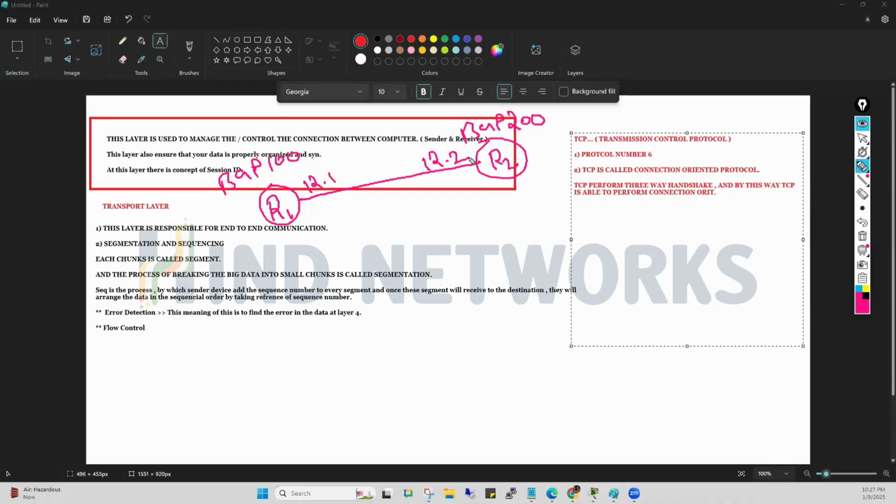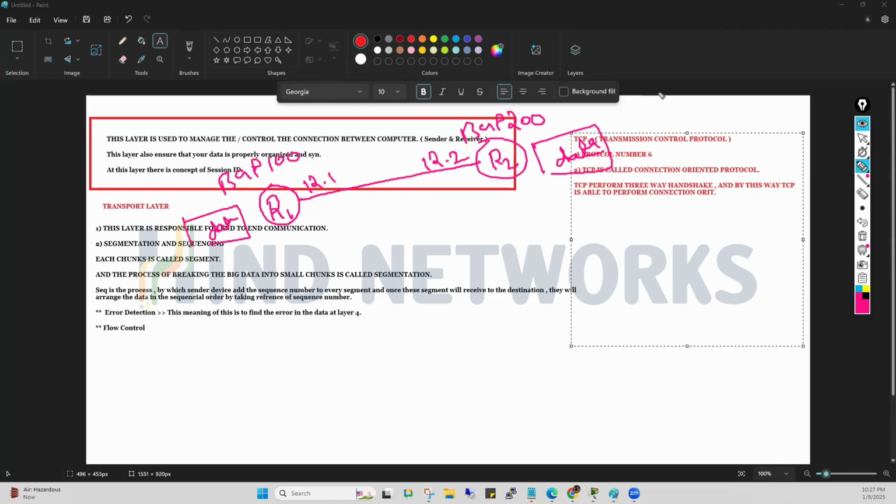Now, for example, router number 1 has some data. Router number 2 also has some data. You configure BGP here on R1 and R2. So you know why we are configuring the routing protocol? After configuring the routing protocol, both R1 and R2 will become neighbors.